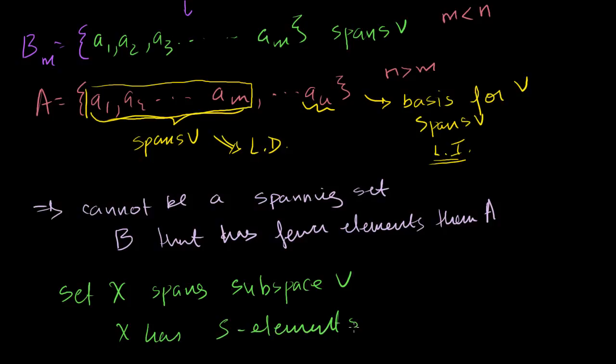You now know that no set that spans the subspace V can have fewer than 5 elements.